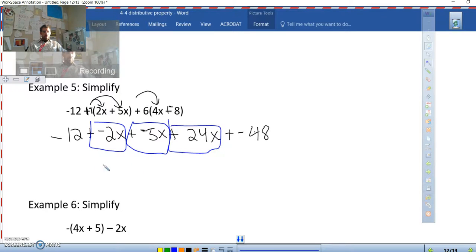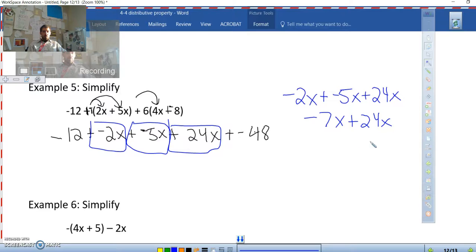So we can combine all of those together. That's negative 7x plus 24x. And we get 24x minus 7x.